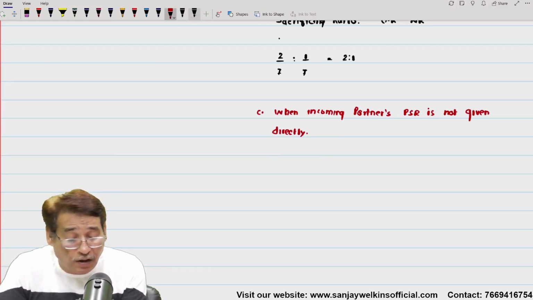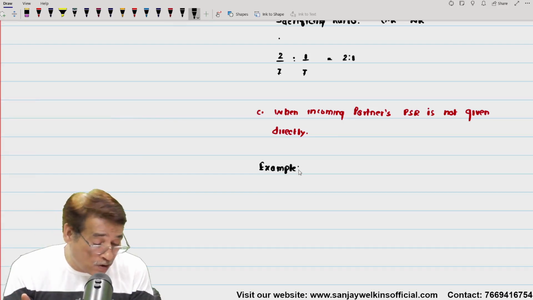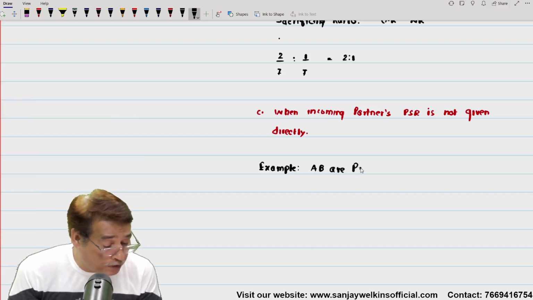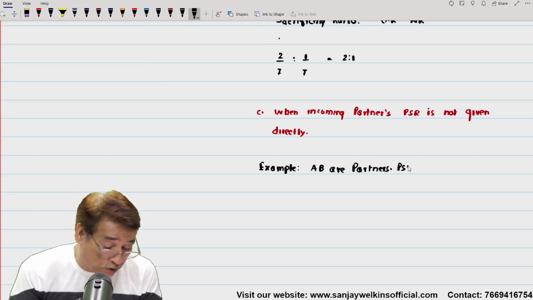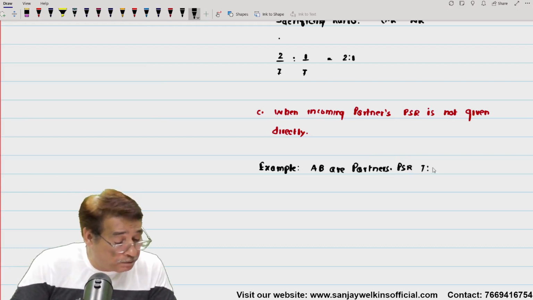For example, suppose I take the example, let us say, again I presume A and B are partners and their profit sharing ratio is, we further presume, 7:3.